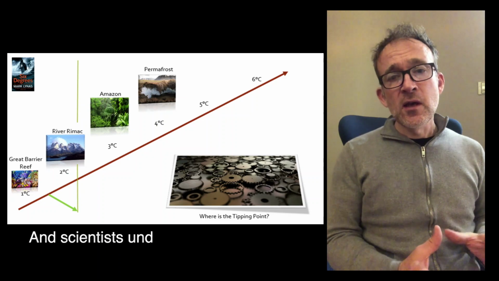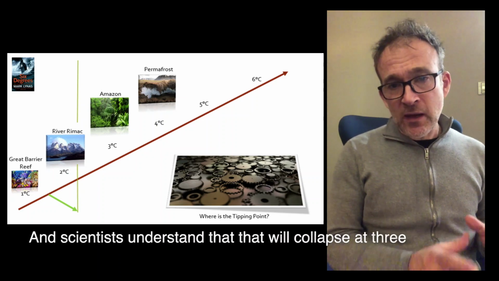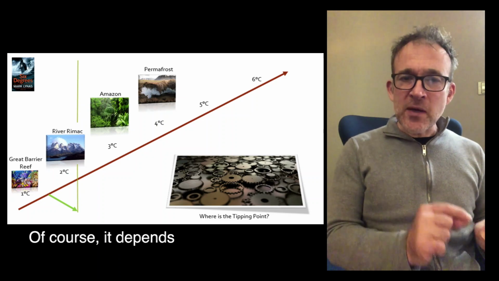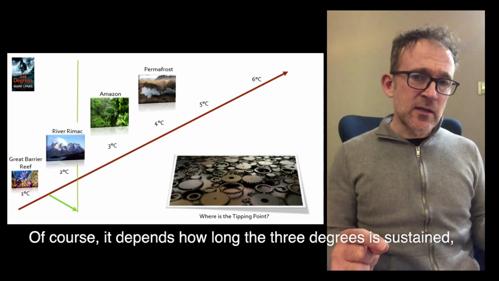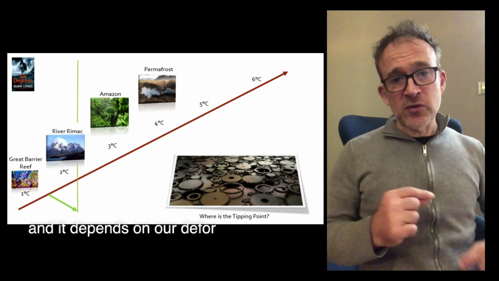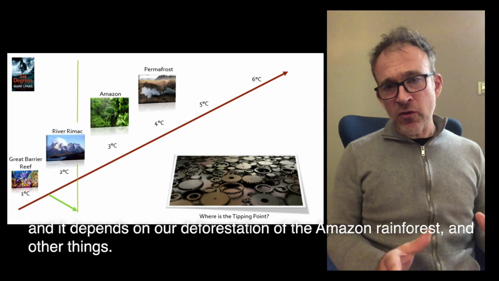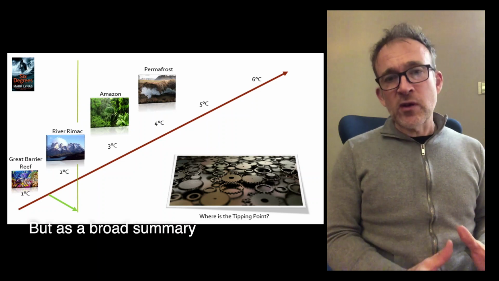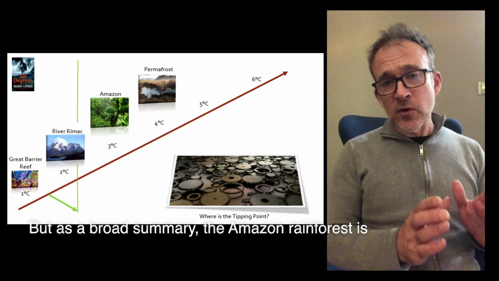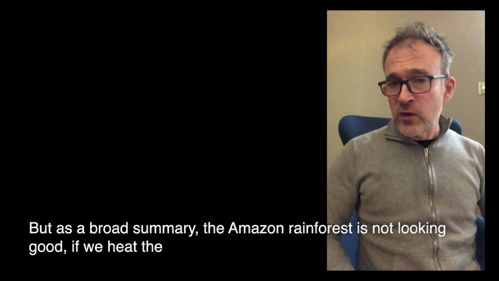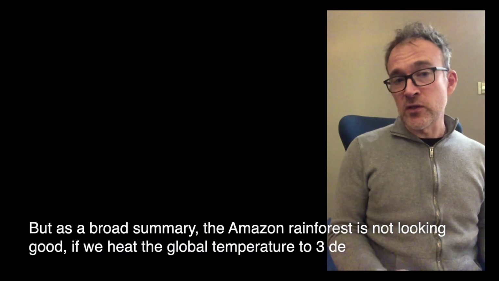And scientists understand that will collapse at 3 degrees. Of course, it depends how long the 3 degrees is sustained, and it depends on our deforestation of the Amazon rainforest and other things. But as a broad summary, the Amazon rainforest is not looking good if we heat the global temperature to 3 degrees.